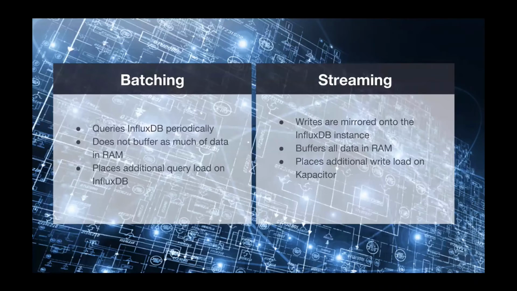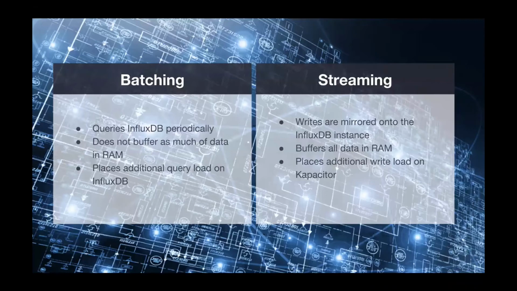It doesn't have to buffer as much of the data in RAM. However, this is placing an additional query load on InfluxDB because when you're running that TICKscript, you are technically querying the database, right? You still have to query it for that data. So even though it's not putting as much in memory, it is also putting a little bit of pressure on Influx.